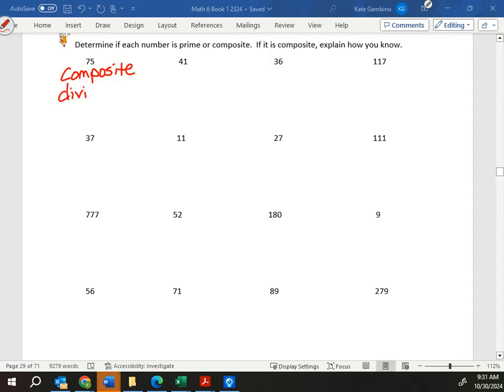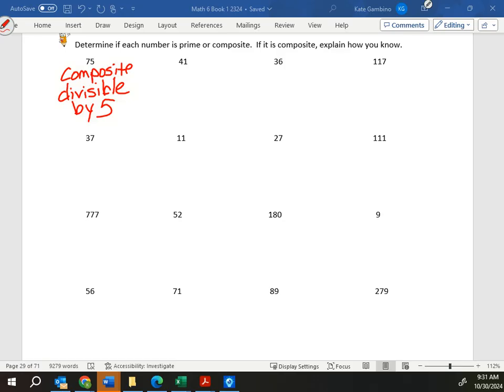All you have to say is divisible by 5. We know there's a 5 in the ones place, it's divisible by 5, it's composite. You don't have to say what else. We don't even have to do that much work. Just check those divisibility rules.